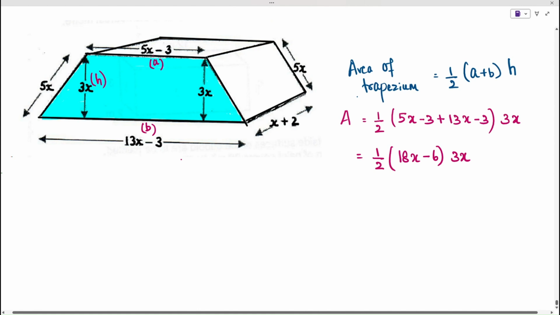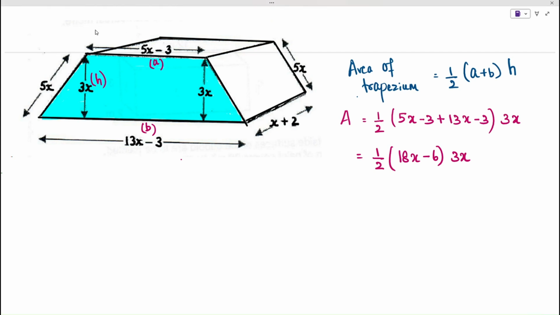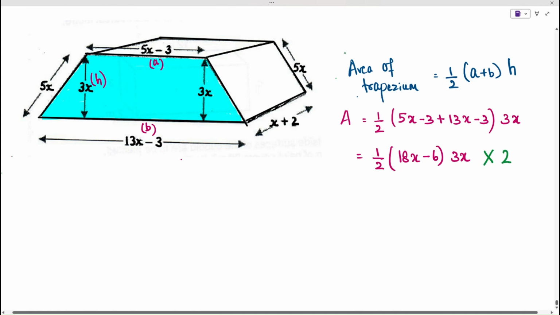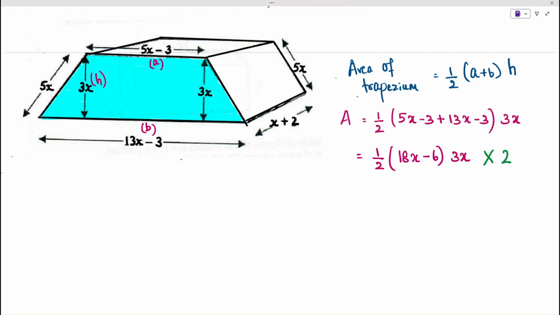Now, since this side is also replicated on the back of the prism, we can multiply this area by 2. If we multiply it by 2, we can cancel out our half and our 2, and we get 3x times 18x minus 6.